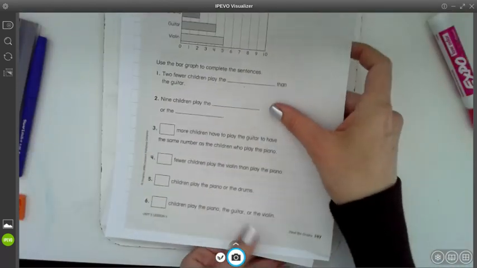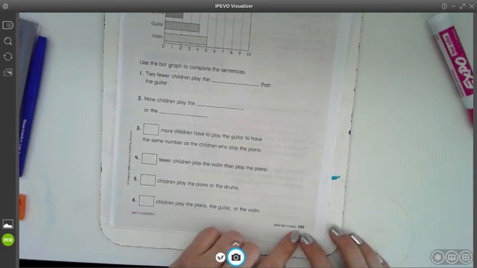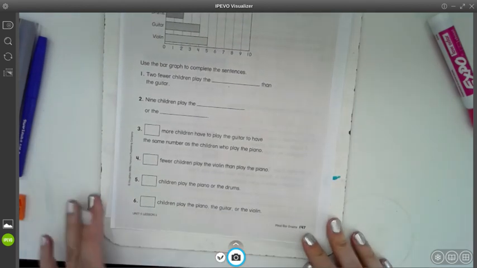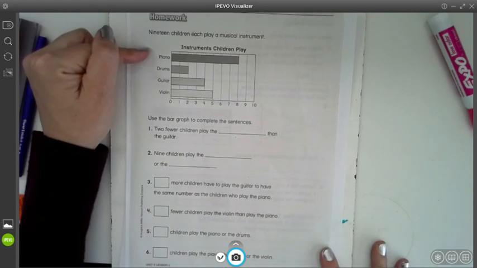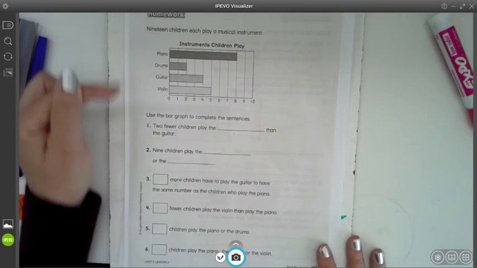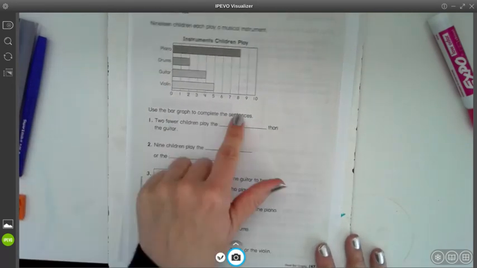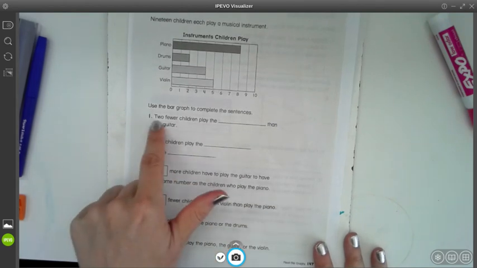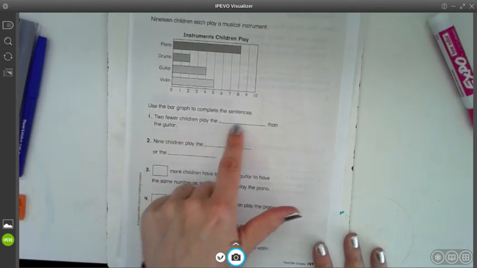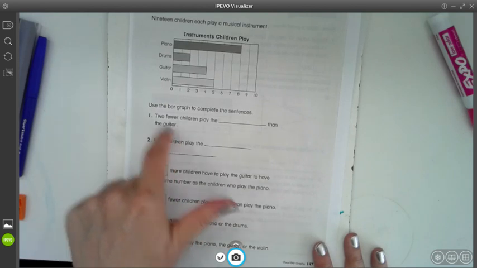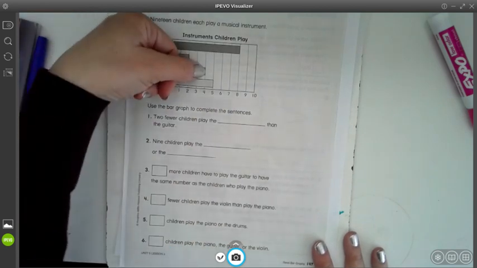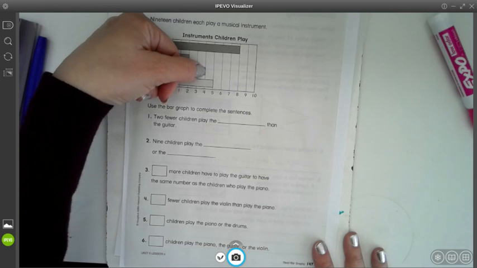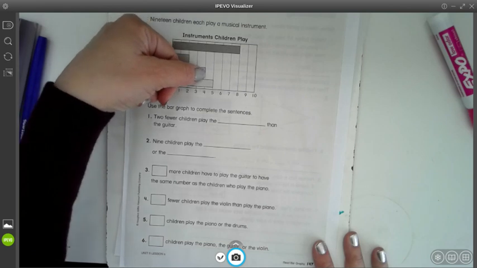If you are choosing to do the homework and remembering pages out of your book, that is going to be on page 147. Today, you're just reading these horizontal bar graphs, and then you're going to use these bar graphs to complete the sentences. So, 2 fewer children play the blank than the guitar. So I would go up to the guitar, and I would find out which one has 2 fewer.